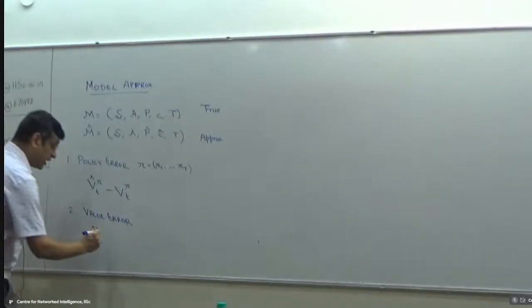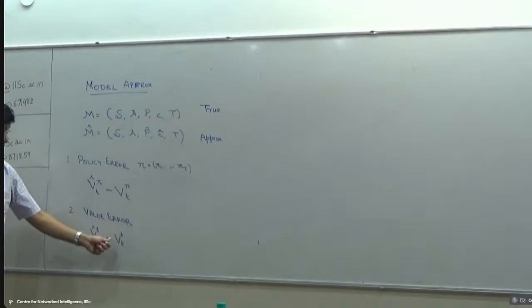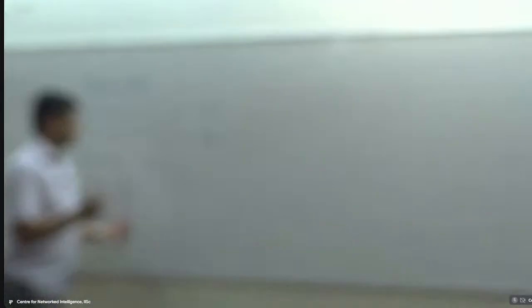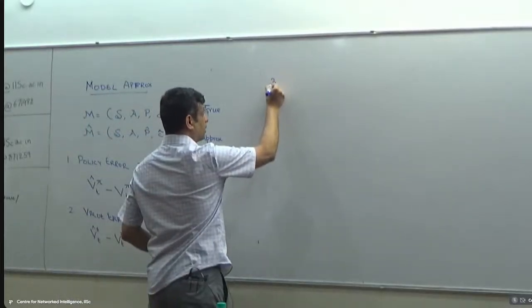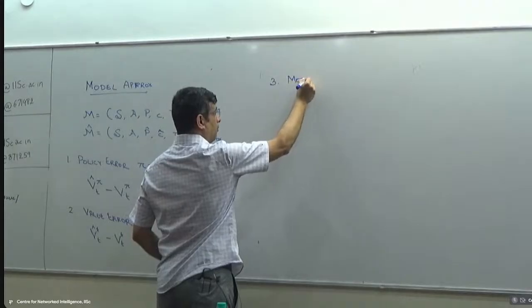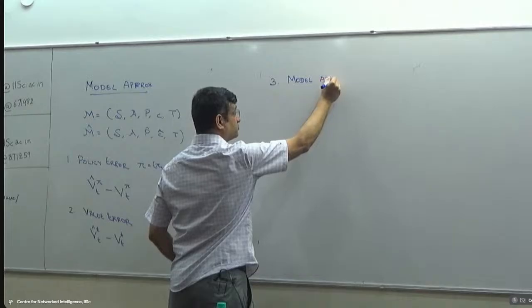This is telling me at any state what is the smallest cost that I could have obtained if I start from that state, and how good my approximate model is compared to what is happening in reality. Okay. The third question is what I'll call the model approximation error, and this is the most important thing.